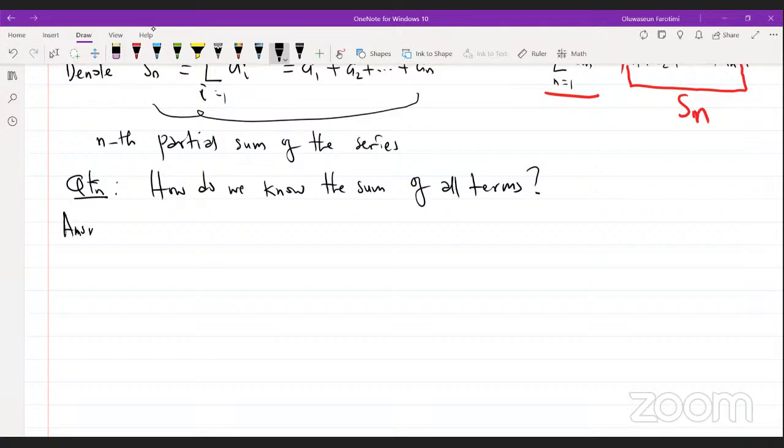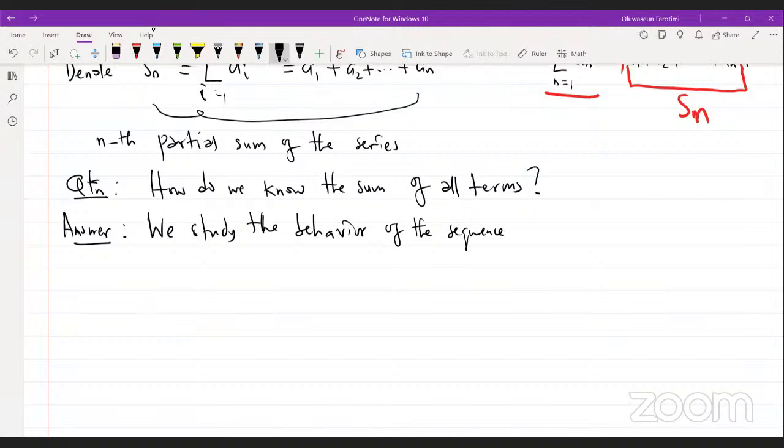The answer is that we study the behavior of the sequence Sn of its partial sums. Okay, we're going to see what this actually really means.